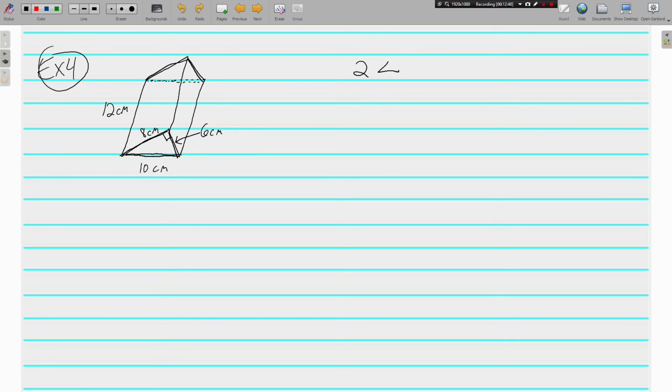2 triangles are, let's see, area equals 1/2 times base times height. Alright, be careful here. Where's the right angle? The base and height make a right angle, so we're going to use 8 and 6.